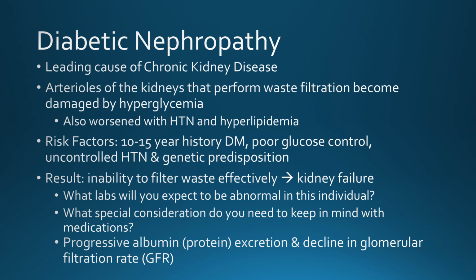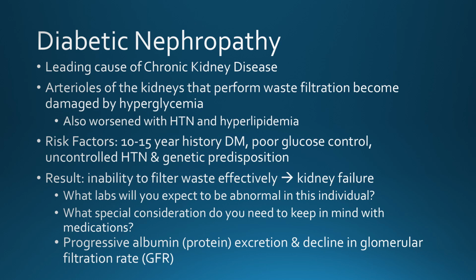All right, and then diabetic nephropathy. So neuropathy was related to the nerves. Nephropathy is related to the kidneys. This again is the leading cause of chronic kidney disease. And basically now we're talking about the vessels in the kidney and the vessels that feed the kidney. So the arterioles of the kidneys that typically would perform waste filtration become damaged by that hyperglycemia.